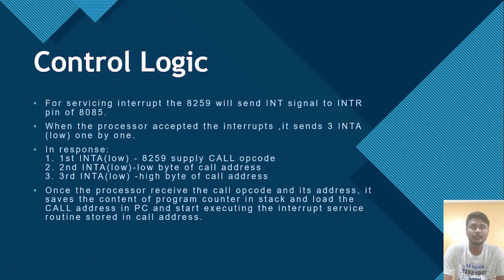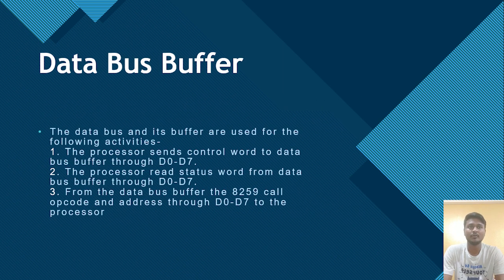Now once the processor receives the call opcode and its addresses, it saves the content of the program counter in stack and loads the call address in PC, and then starts executing the interrupt service routine stored in the call address.